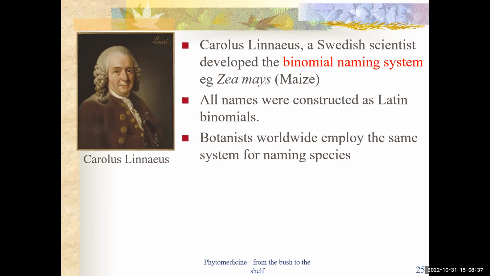And his naming system, we call it the binomial naming system, using two names. And that we've continued to use. So for example, Zea mays, you've just had the corn meal today in your lunch. So Zea mays is maize, okay? So all names are given in that manner.